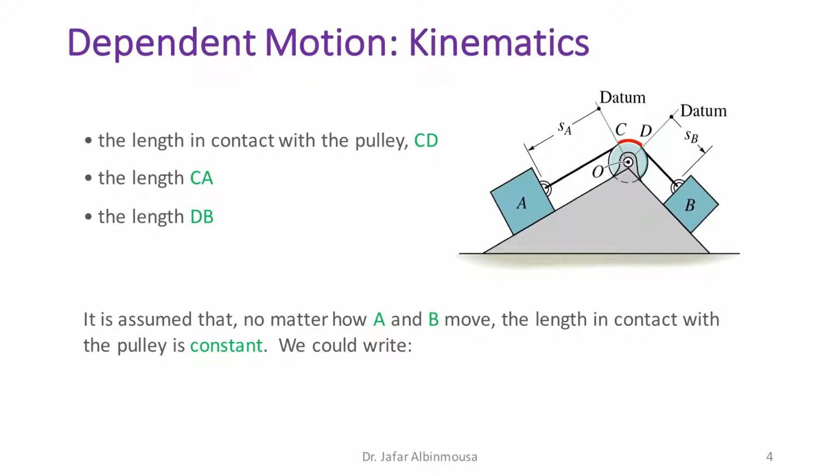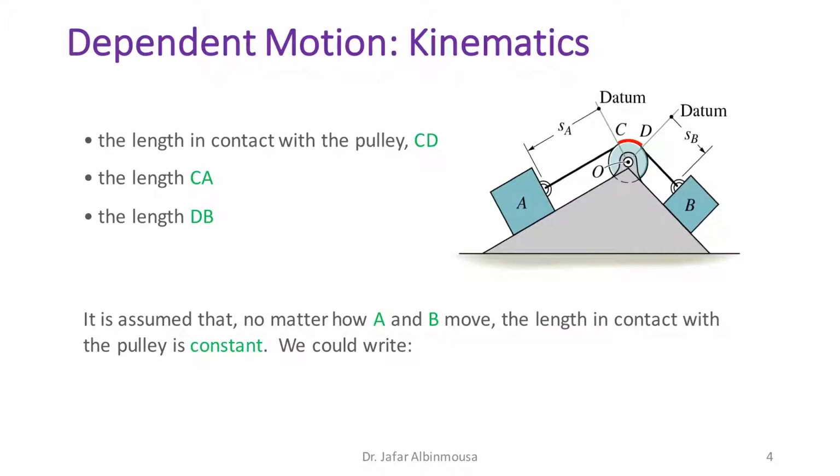And if you look carefully over here, we are going to establish a datum. This datum, as we all know, is usually established on a fixed point. So if you have this point, which is fixed, it's at a pulley fixed to this structure, then we can establish the datum to this block. We call the position of this block B, SB, and we can call the position of this block SA.